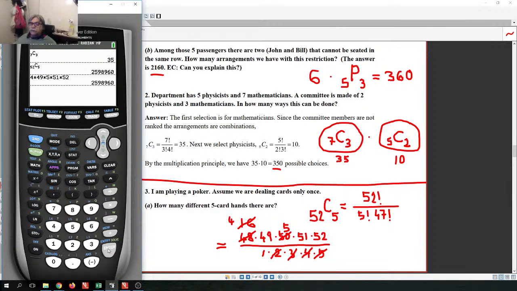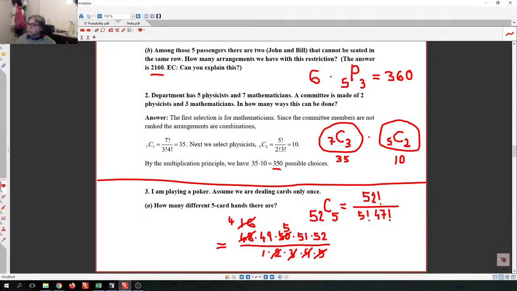We got the same number, right? 2,598,960. So you can do this with reduction, reducing to lowest terms, with cancellation of the common factors. So the answer is you have 2,598,960 different 5-card hands.